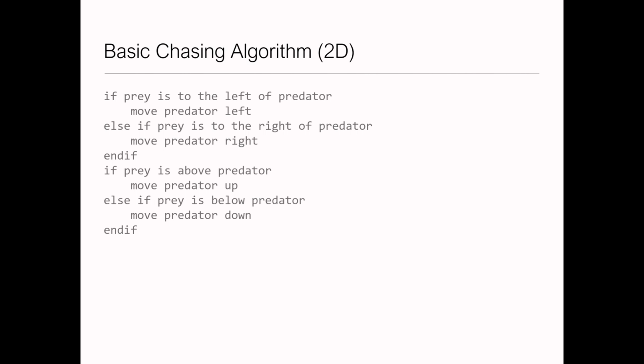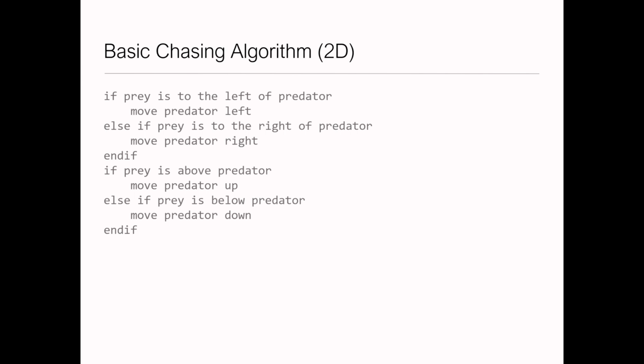So the absolute simplest chasing algorithm that even a first-year student could probably cook up is you simply look at the position of the prey and the predator. So if the prey object is to the right of the predator, you simply move the predator to the right. If they're to the left, simply move the predator to the left. So that takes care of moving left and right.